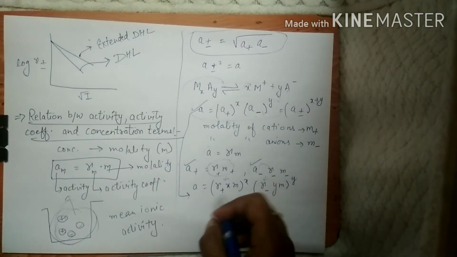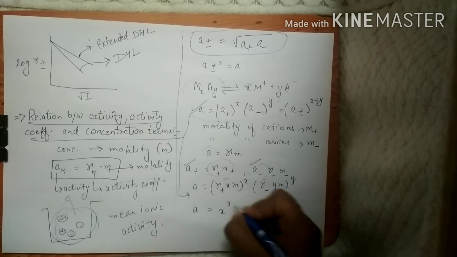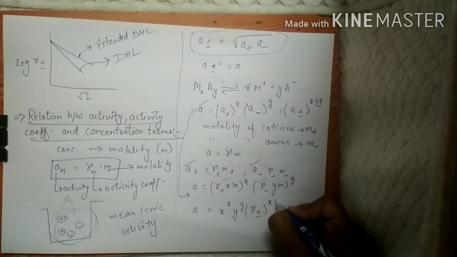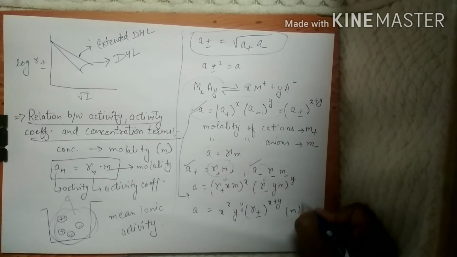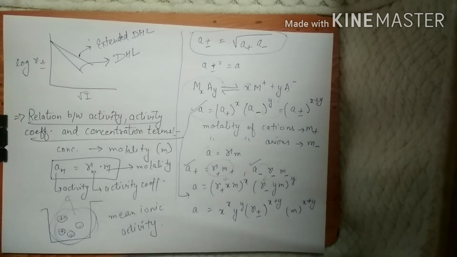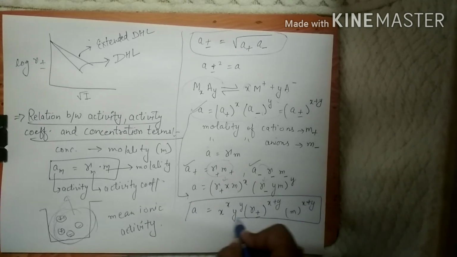After solving and rearranging, what I get is A is equal to x to the power x, y to the power y, gamma plus minus to the power x plus y, M to the power x plus y. So this is the equation which will come into practice for us.